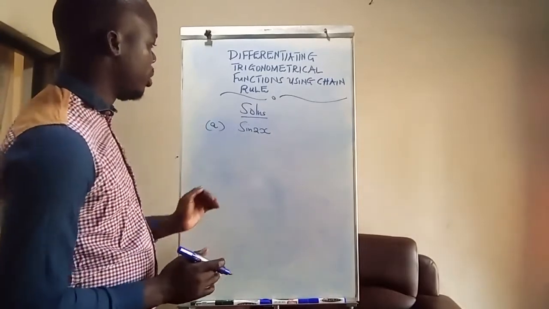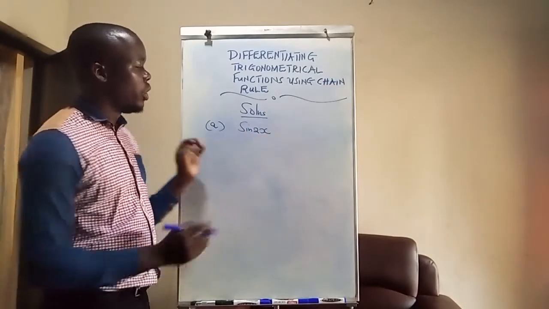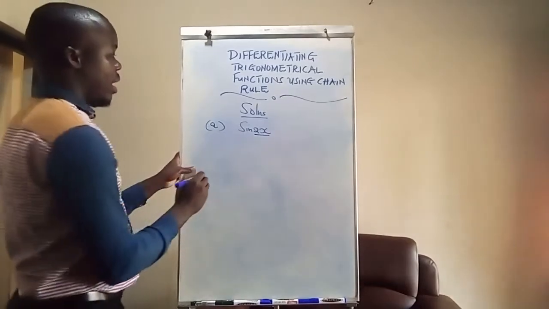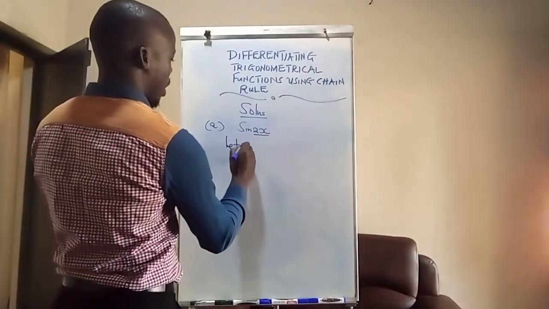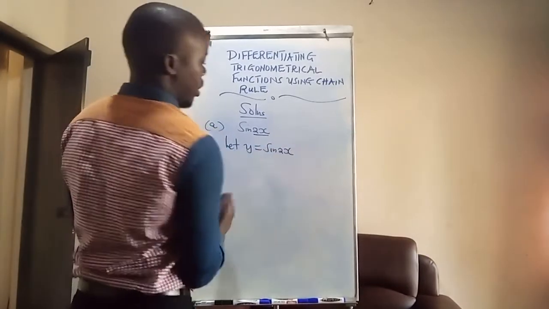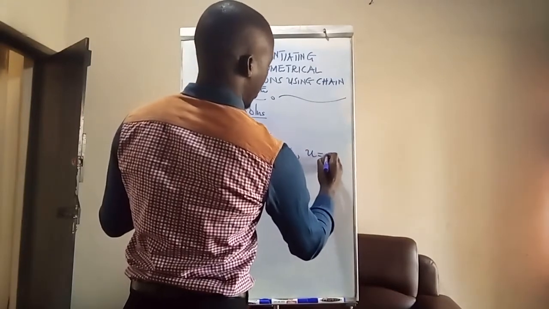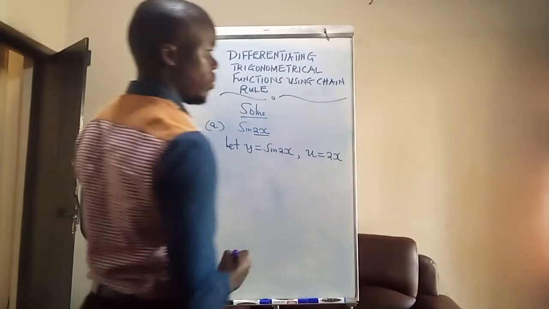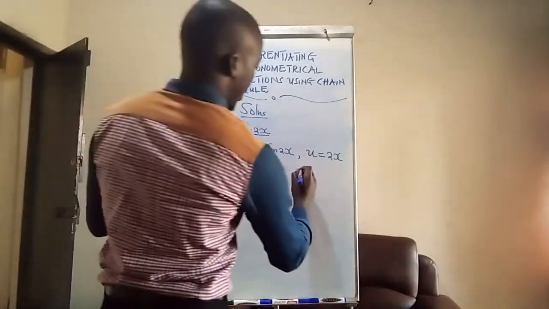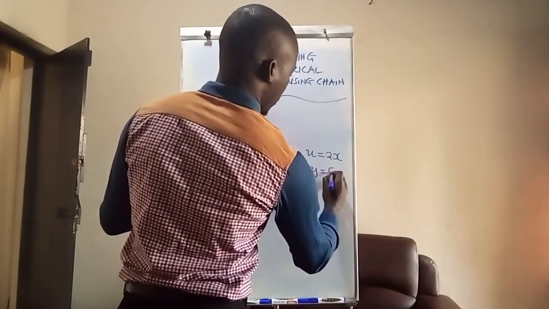So now today what we're going to be interested so much in, especially in part A, is the angle. The angle that you see here is 2x. So what I will do is, after letting y to be the whole of this function sine 2x, I will let u to be the angle, which is 2x, and this will automatically imply that now y becomes sine of u.